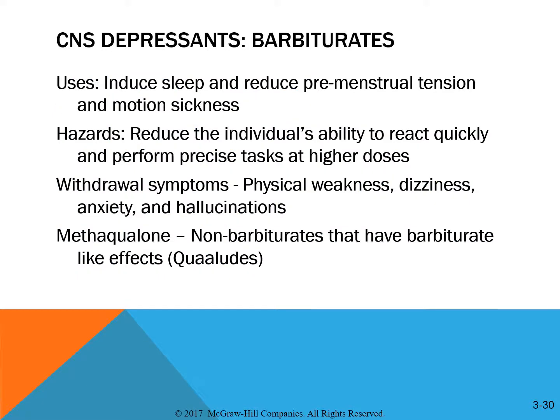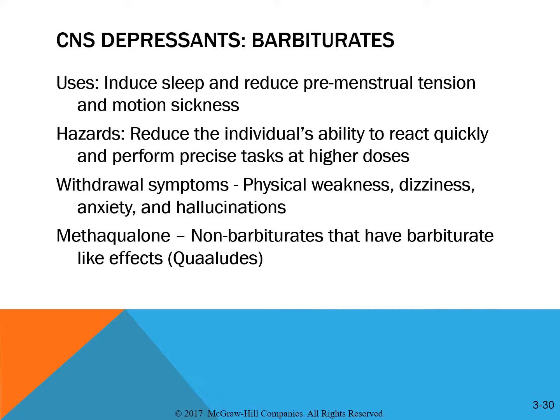Another CNS depressant is the barbiturate. Perhaps the more well-known are phenobarbital and Seconal. Usually taken orally, barbiturates are readily absorbed by the stomach and small intestine. The short-term effects are very similar to alcohol.